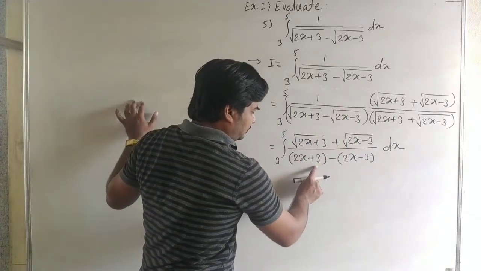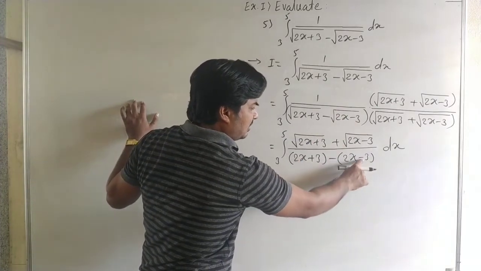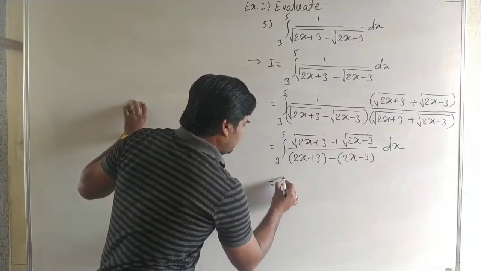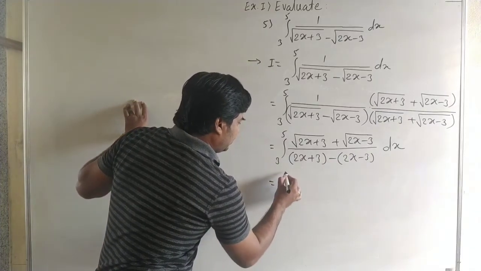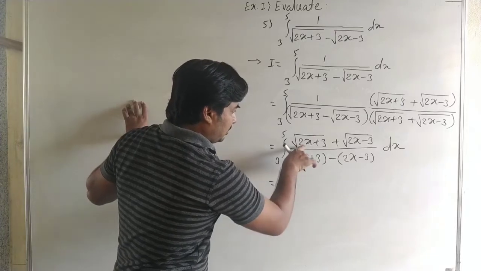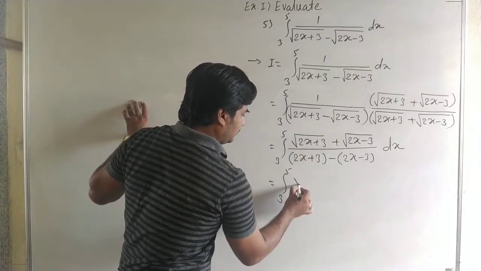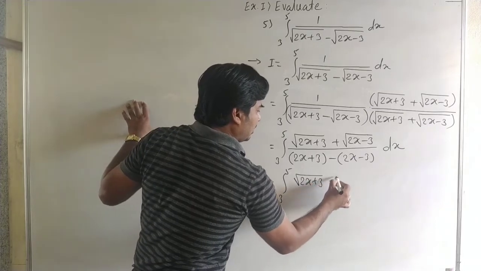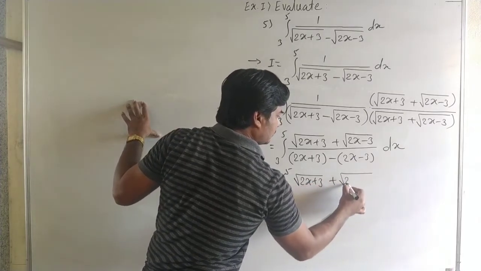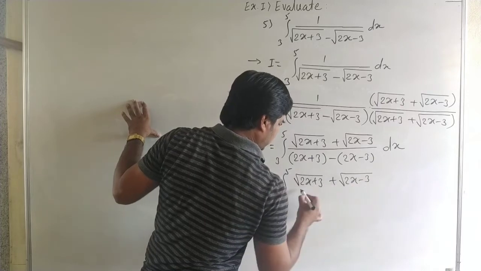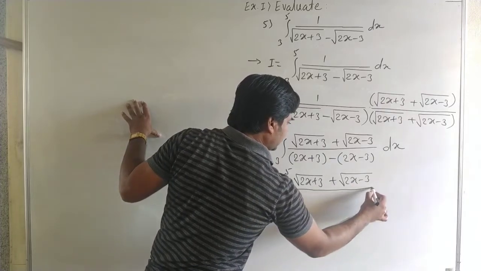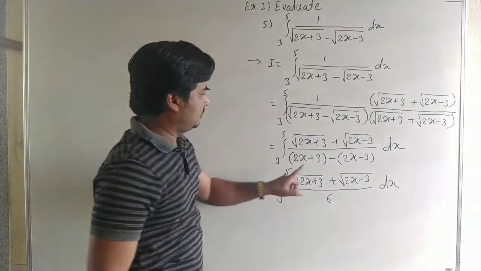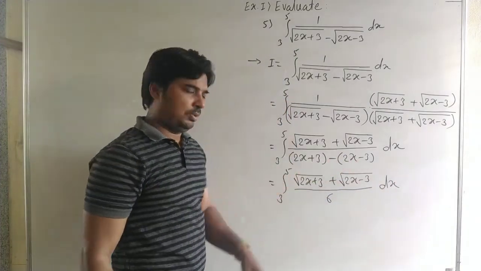Now 3 minus 3 is 6, and 2x and minus 2x get cancelled, so we write integral 3 to 5, under root 2x plus 3 plus under root 2x minus 3 whole upon 6 dx. 3 minus 3 is plus 6.